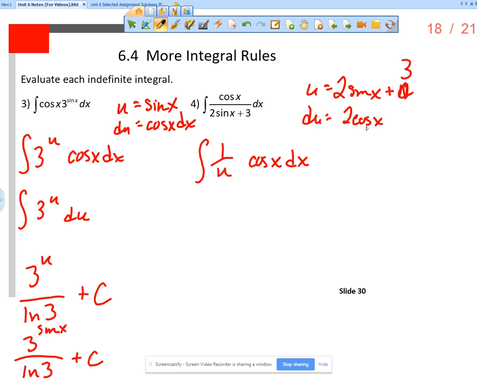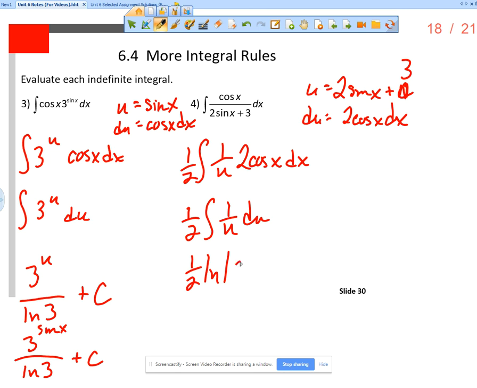So this is du equals 2 cosine x dx. So that's good because I had the cosine x dx, so I need a 2 there, which means I need a 1/2 on the outside. So now I have 1/2 integral of 1 over u du. So 1/2, what is the integral of 1 over u? It is the natural log of the absolute value of u. So 2 sine x plus 3 plus c.